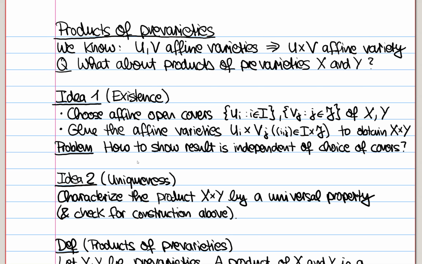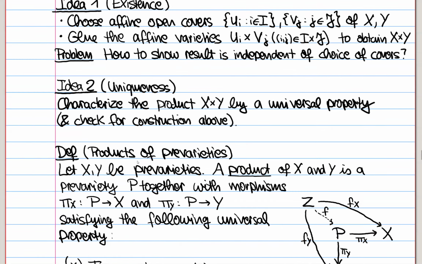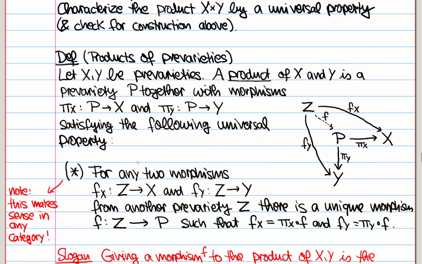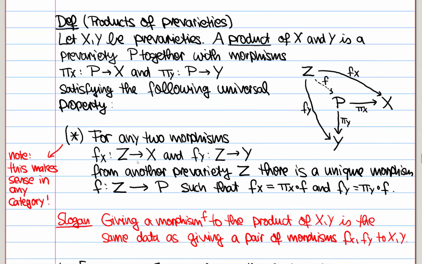Okay, and so we do need to formulate this universal property, and it is one which we have already seen before. Namely, if X and Y are prevarieties, then we define a product of X cross Y as a prevariety P, the product, together with morphisms pi_X and pi_Y from P to X and Y, like this.